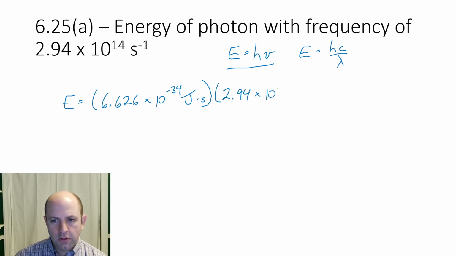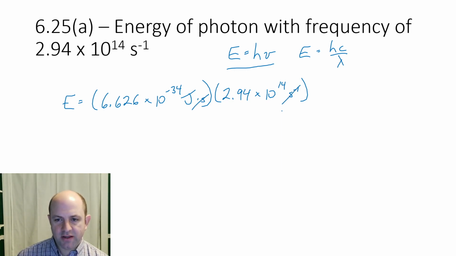2.94 times 10 to the 14th reciprocal seconds. Notice that means this seconds will cross out with that reciprocal seconds. We'll be left with joules. That's energy, so that's good. So now we just need to plug it into our calculators with proper scientific notation. Times 2.94 times 10 to the 14th.